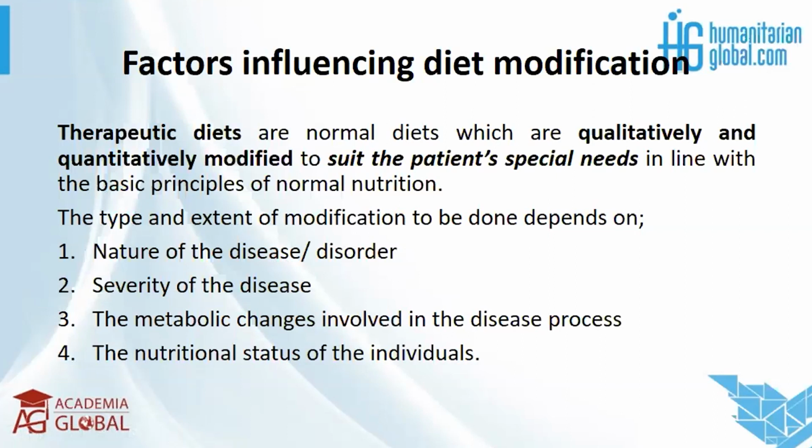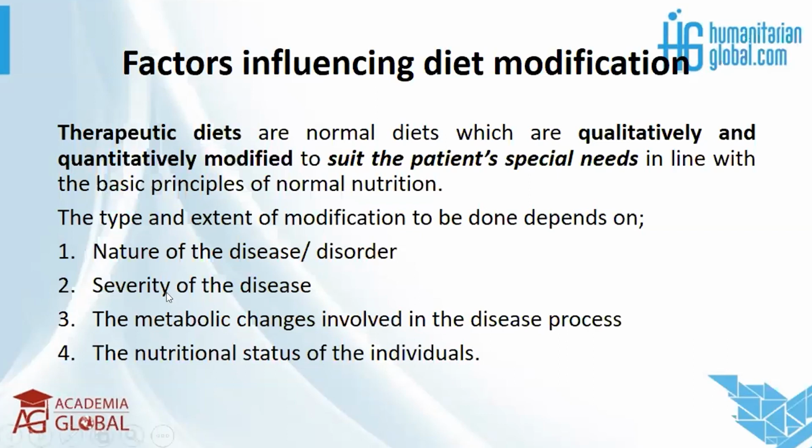Are they suffering from arthritis? Do they have ulcers? Do they have diabetes? Whatever condition they have will be the number one factor that determines what kind of diet modification will be done, because a diet that you modify for cardiovascular disease is not the one that you can use for another condition.